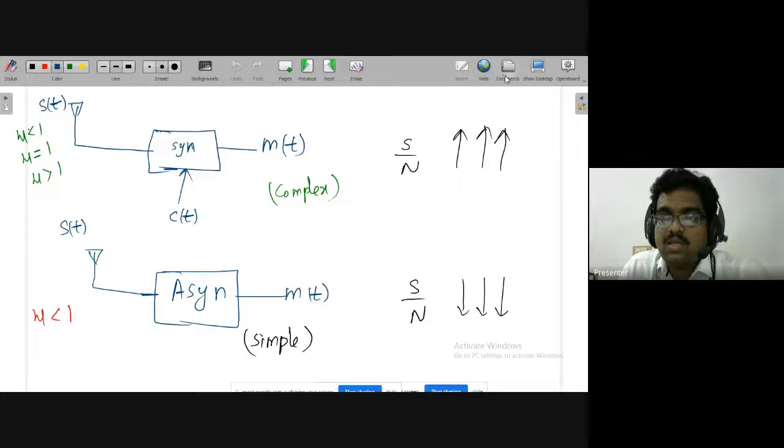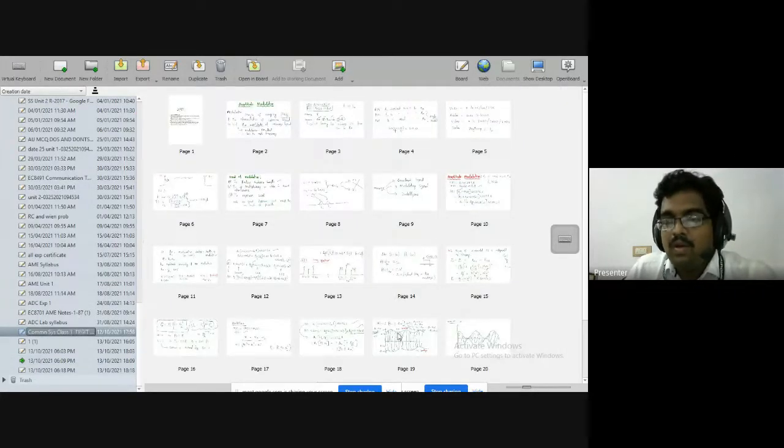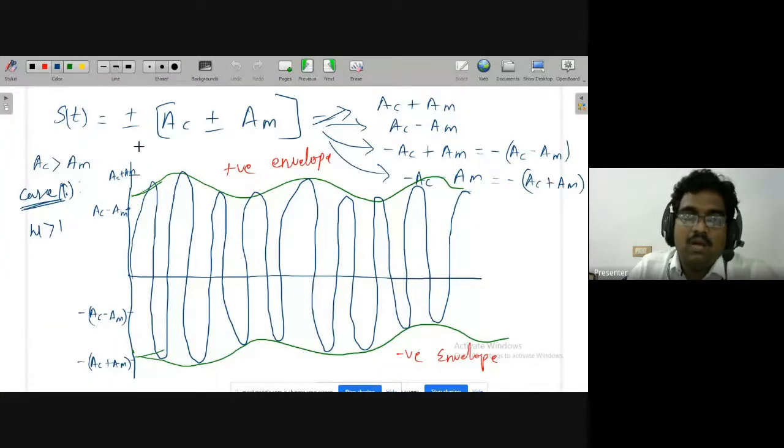Again, in the last class we saw the AM envelope. This is the AM envelope. This envelope itself is actually the shape of the message signal.